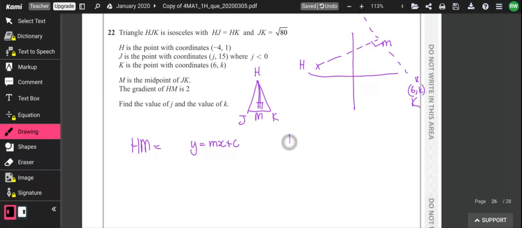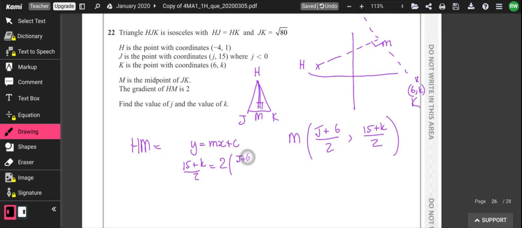M is the midpoint of J and K, so we're going to take J plus 6 over 2 for the x coordinate, and 15 plus K over 2 is the y coordinate for M. So we can substitute these into this: 15 plus K over 2 is equal to the gradient, which is 2, times J plus 6 over 2, plus c.